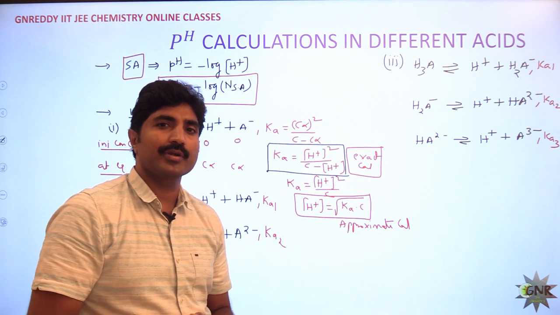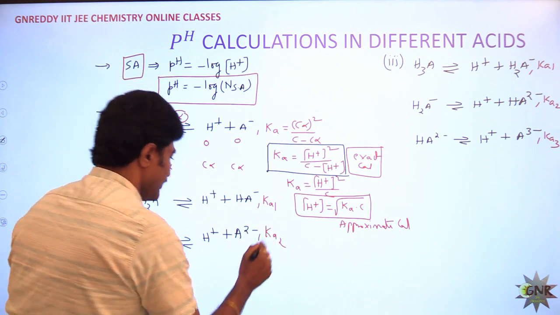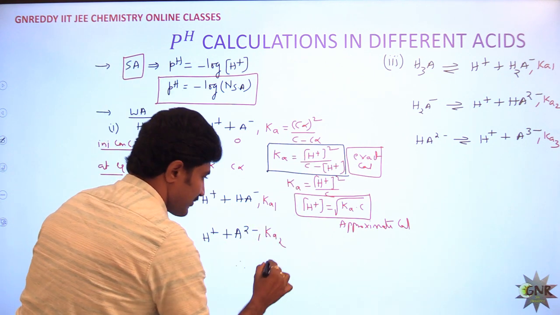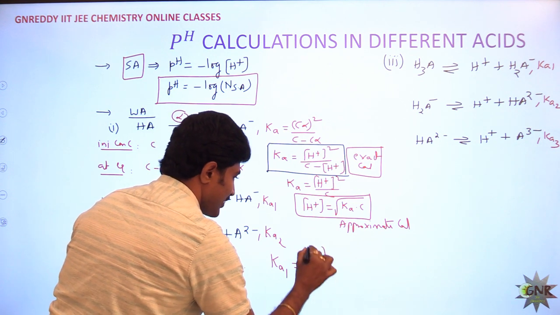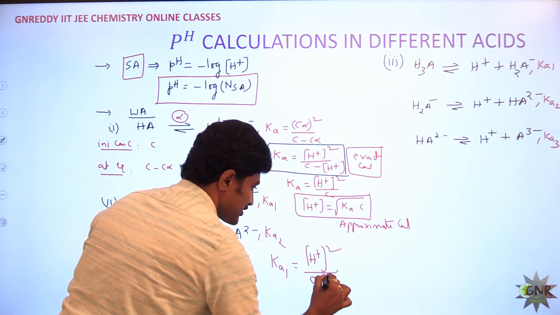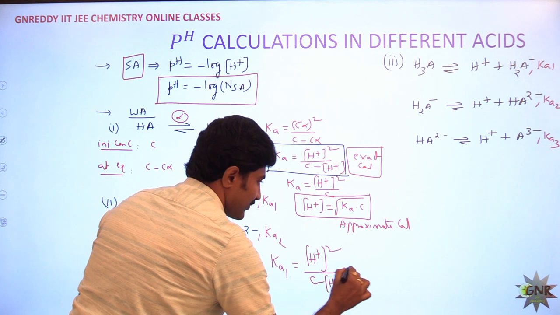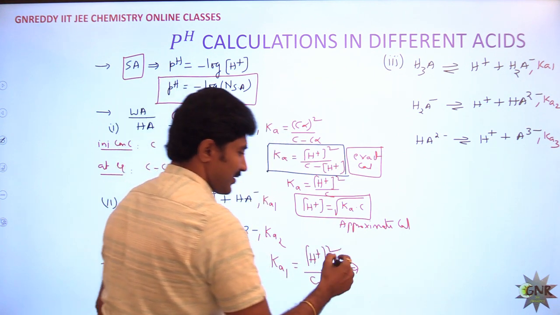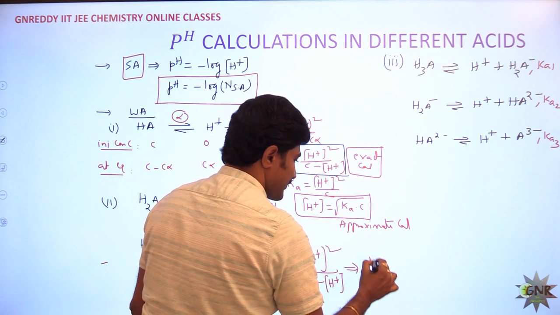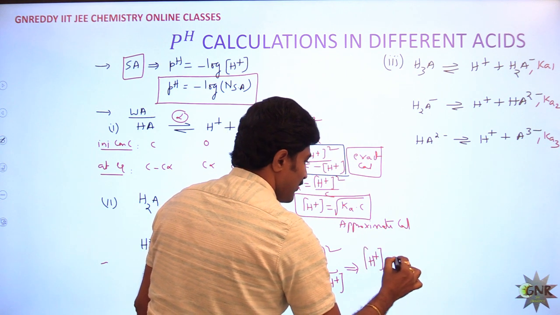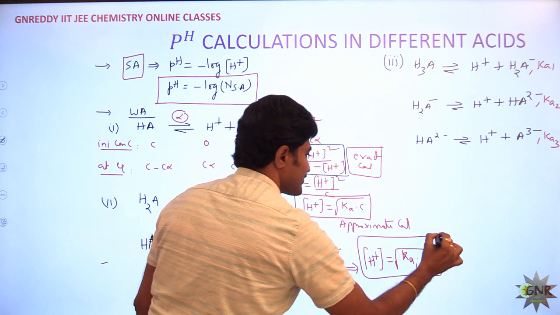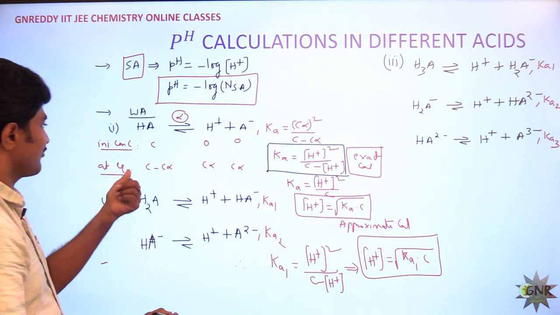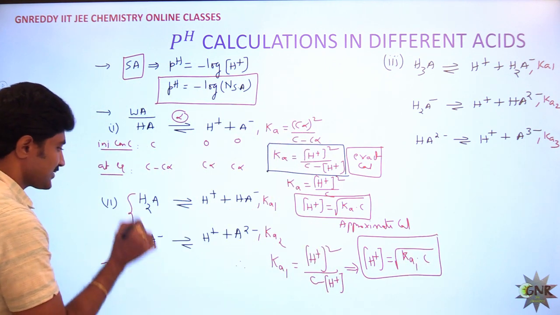From that only we have to calculate the pH of the solution. Therefore, here we can write Ka1 is equal to H plus square by C minus H plus. From this, for the approximate calculation, the expression is H plus is equal to root over Ka1C. So this is for a weak diprotic acid.